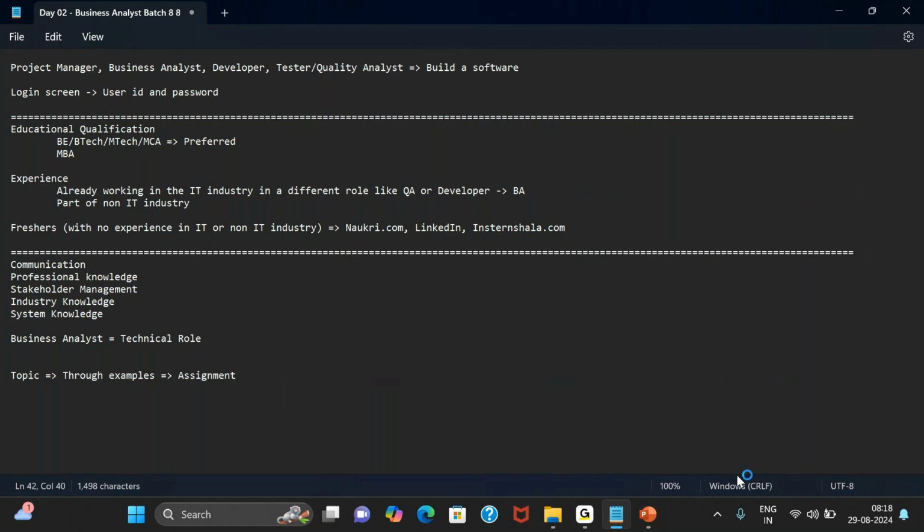So those assignments come after every technical topic like requirement modeling, user stories, requirement elicitation, stakeholder management, RACI matrix. After all those technical topics and others as well, there will be an assignment that you need to do so that you can further cement your understanding of the topic.